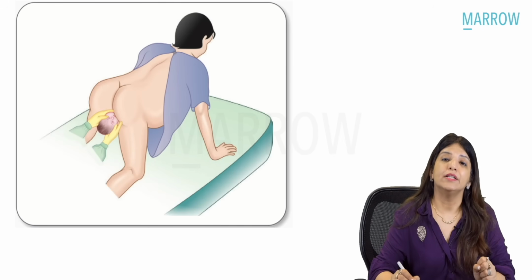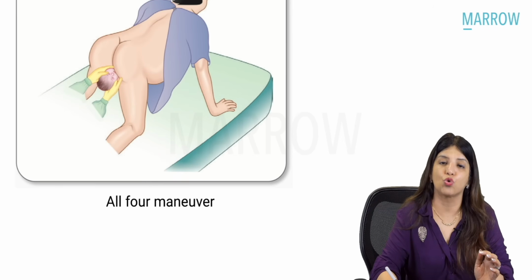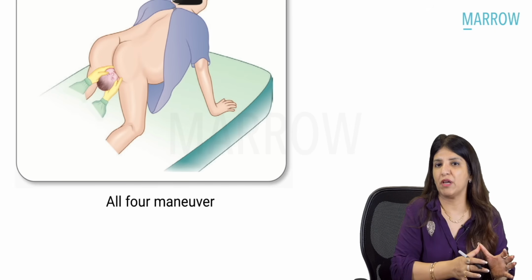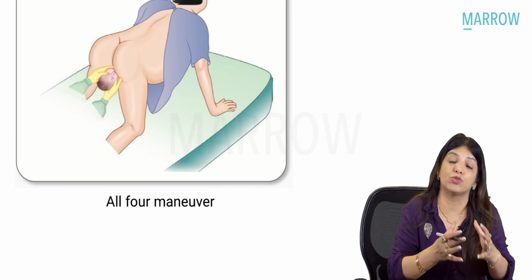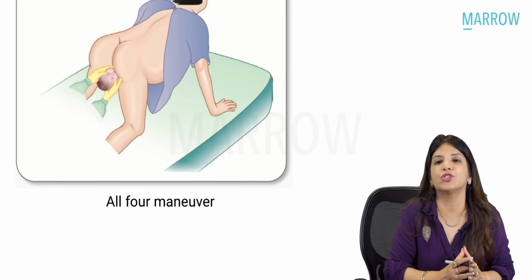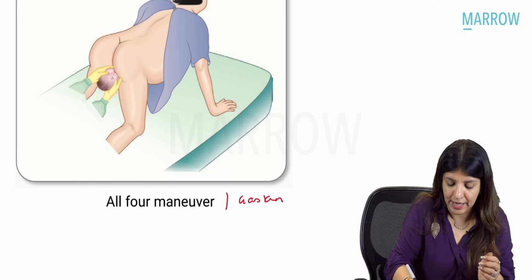Then another maneuver which you can do is, you can ask the patient to roll on all four limbs and then you can try to deliver the shoulders, not the baby, sorry. This is called the all four maneuver, or Gaskin's maneuver.